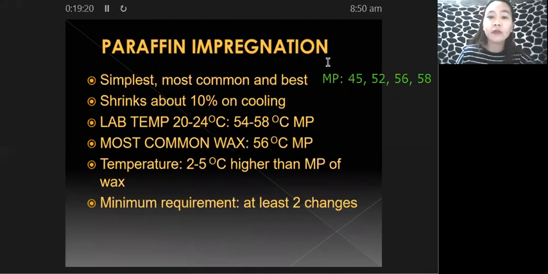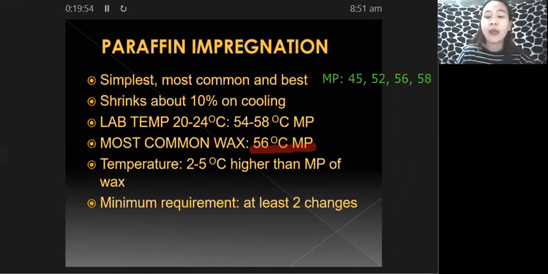Out of these, the most common is 56 degrees Celsius. So that is how we identify your paraffin waxes: based on their melting points. The most common is 56 degrees Celsius.